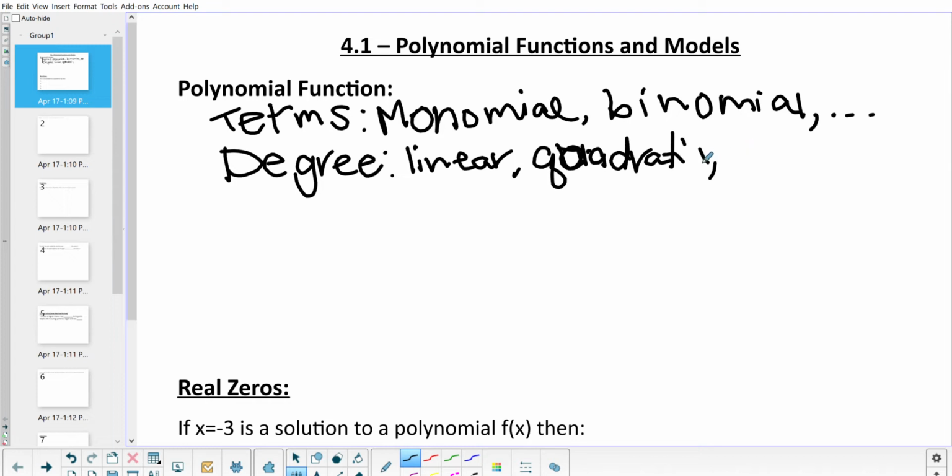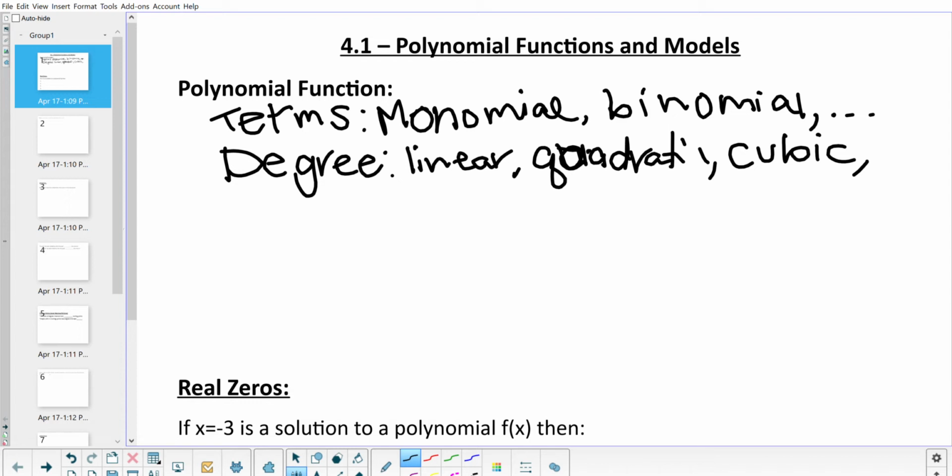And then cubic. And then there's actually quartic and quintic, which you might have learned about in Algebra 2 maybe, but you can also say fourth degree polynomial, fifth degree, sixth degree, seventh degree polynomial.